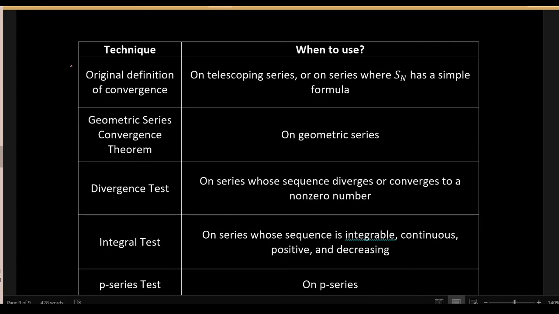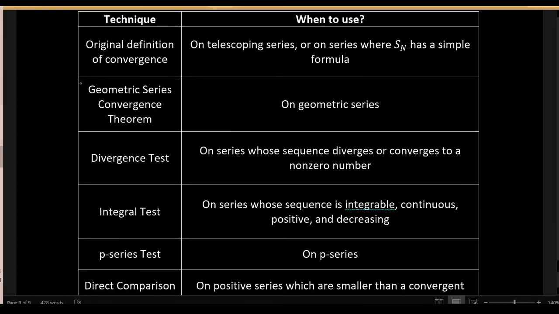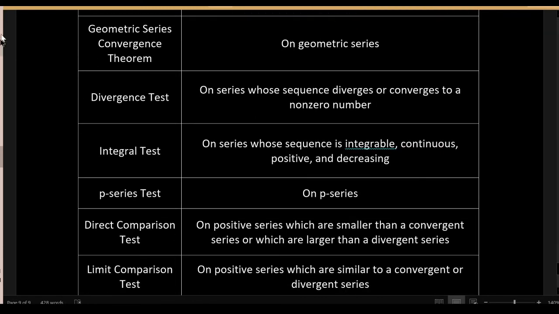The next thing that we had for the techniques on our list is, when does a geometric series converge? If you very specifically had a geometric series, you could very easily determine convergence simply by looking at the common ratio. We had the divergence test, a very quick and easy theorem to use, but most of the time the theorem is locked and can't be used at all.